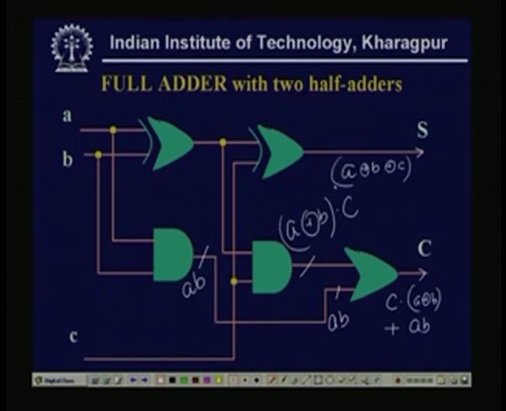Now, there can be many other realizations possible for this full adder circuit. Again, what we have discussed for the half adder circuit is true here: what type of gates are available for my realization.